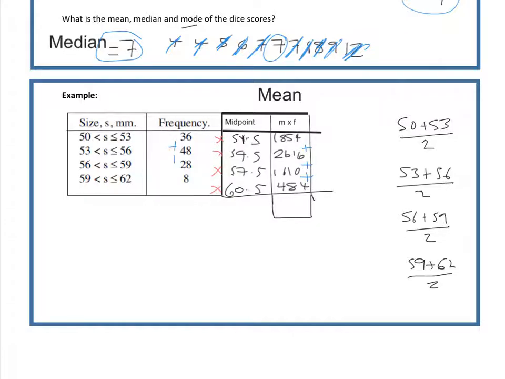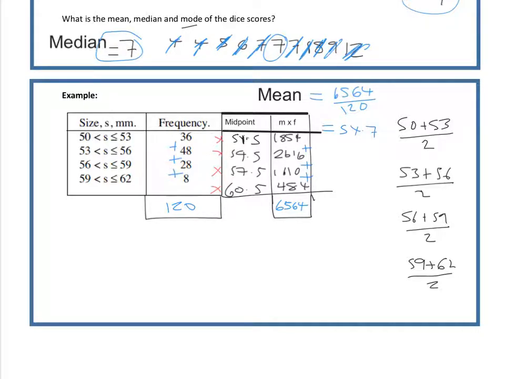So we're going to add all of these values together as well. So our two values are 6,564, and we're going to have to divide that by 120. So our final estimated mean value is going to be 6,564 divided by 120, which gives us a final mean average of 54.7.